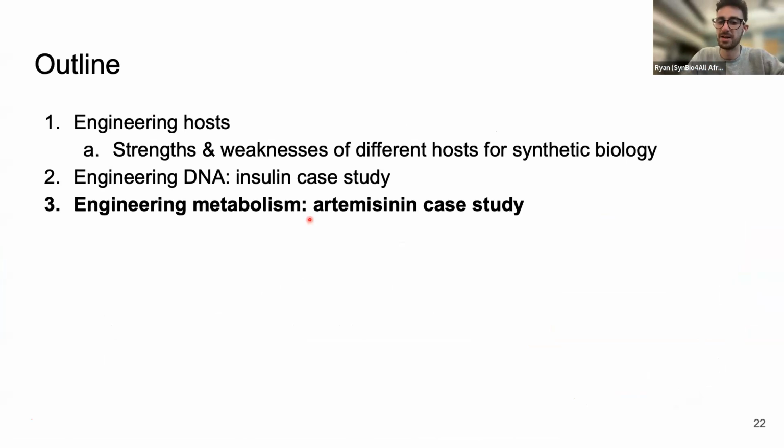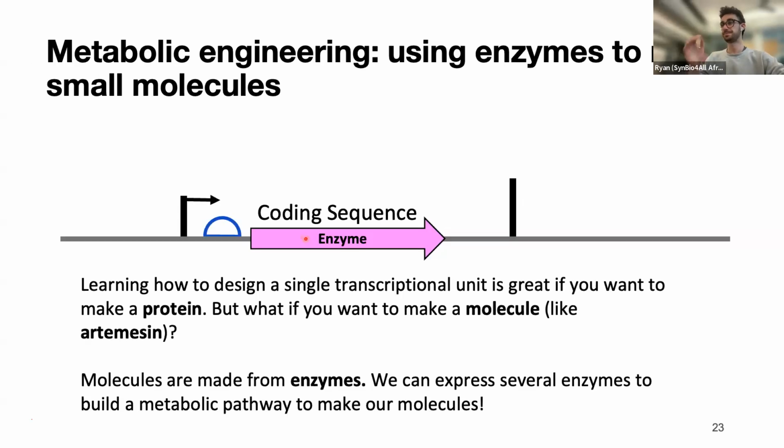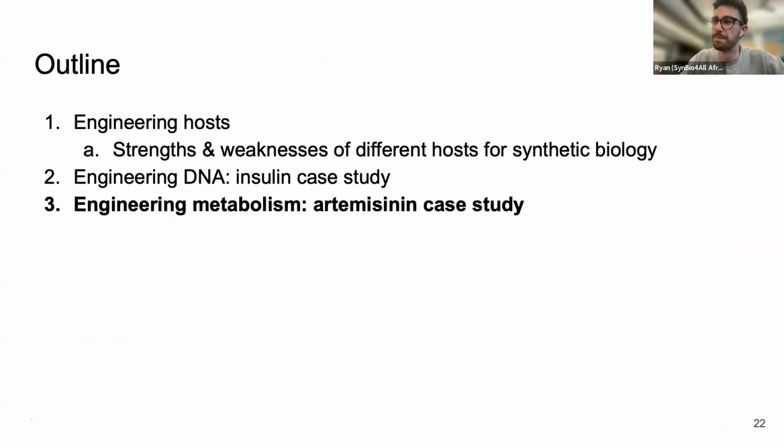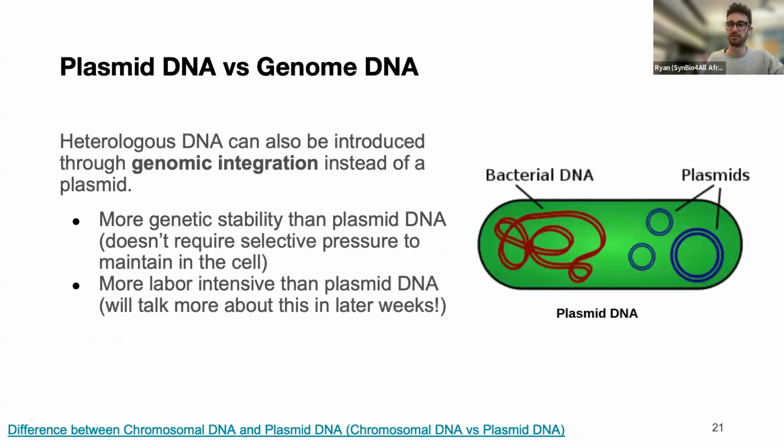Okay, so I'll go forward here and talk about engineering metabolism in the context of artemisinin. There's some questions here. Yeah, there's a question on what's the percentage of success. It really depends on the kind of cloning workflow that you're doing.